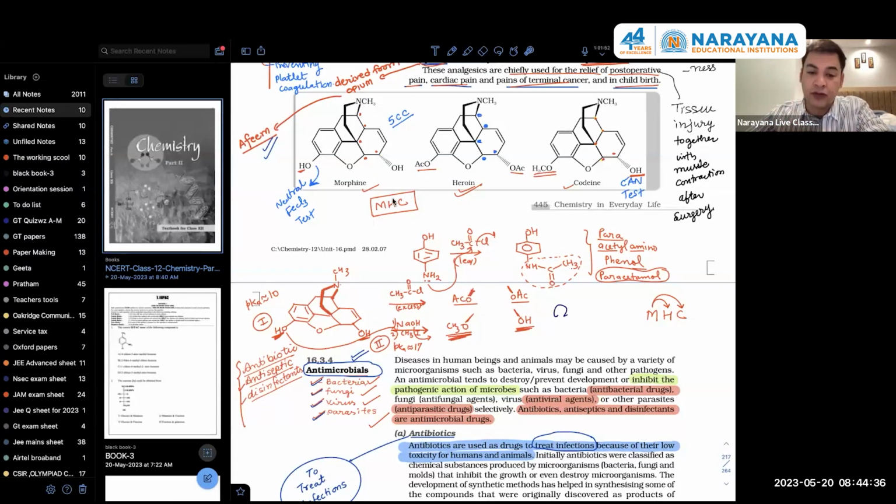Suppose there is something new. If they use NaH, a very powerful base giving H minus, it removes this acidic H and can even remove the alcohol H also. Now both are O minus.